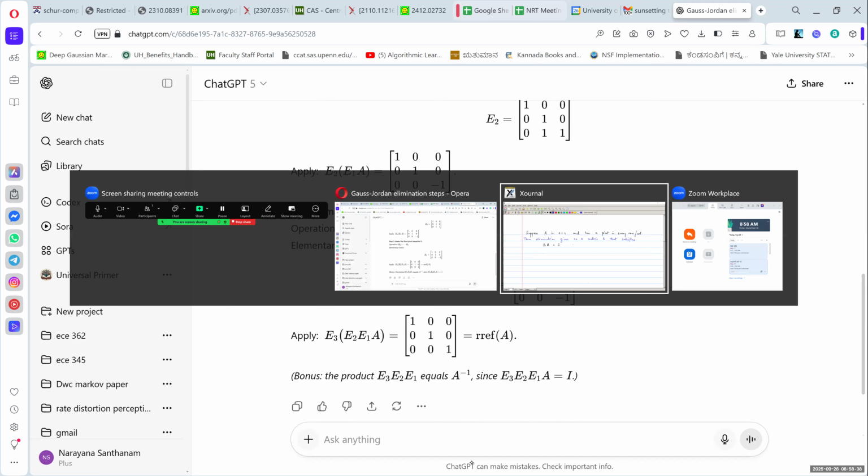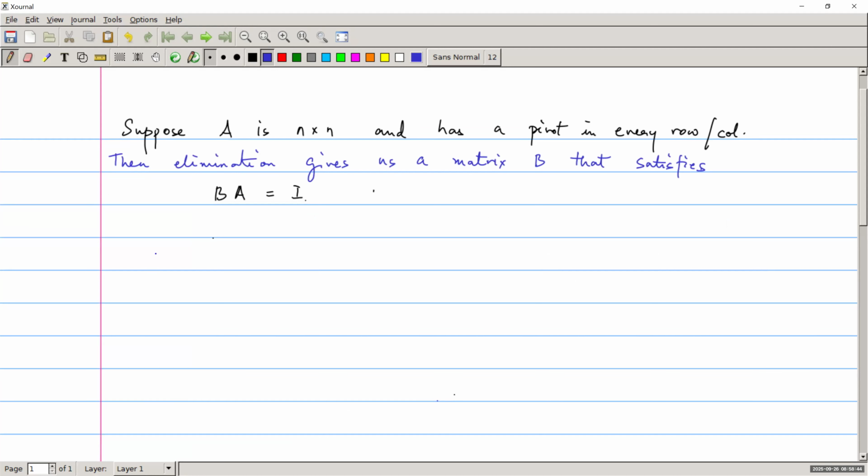Okay, so let's go back. We also saw that if you do a bunch of operations, normally you would do first a series of row operations to eliminate entries below pivots, and each of those operators will be a lower triangular matrix.